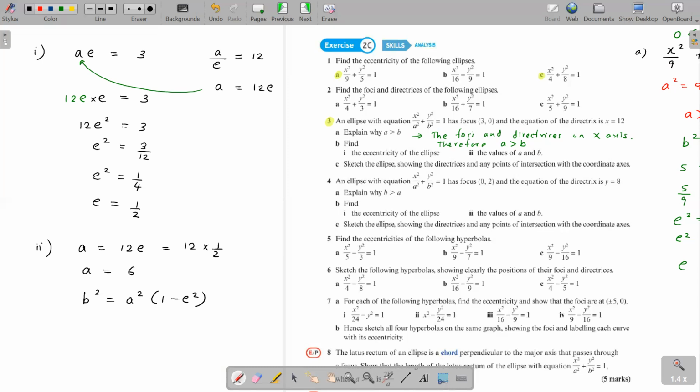You must have a clear idea who is the major axis before you use this. You can't just use the equation as you want.